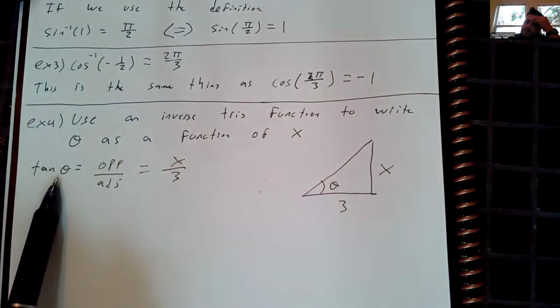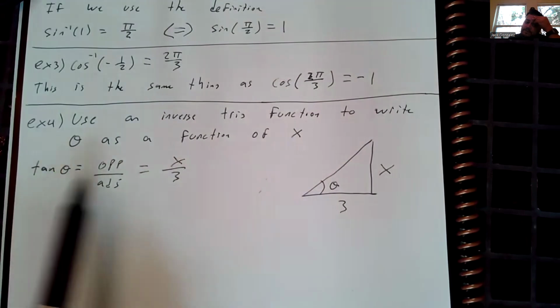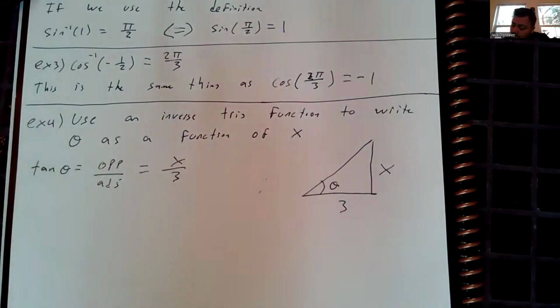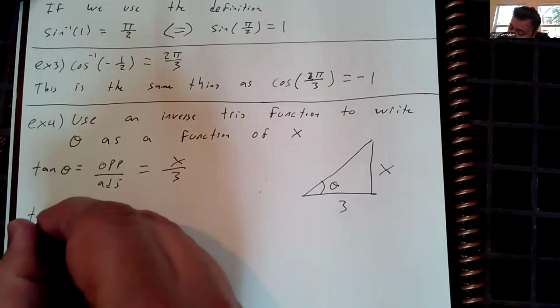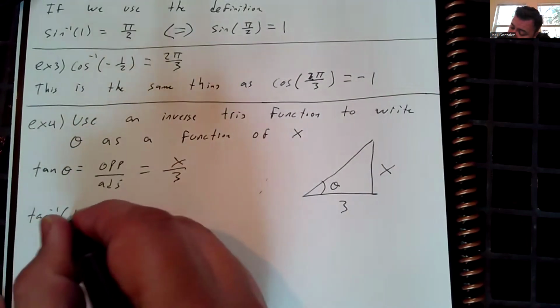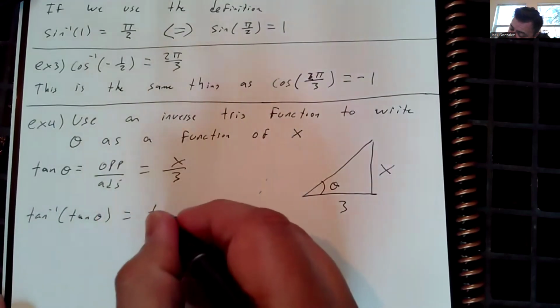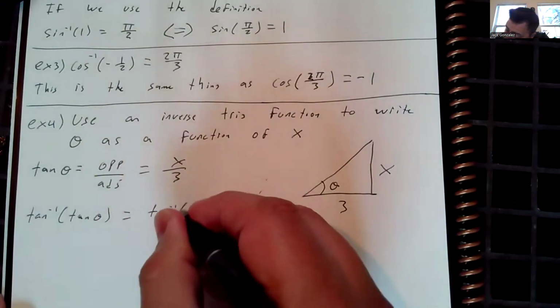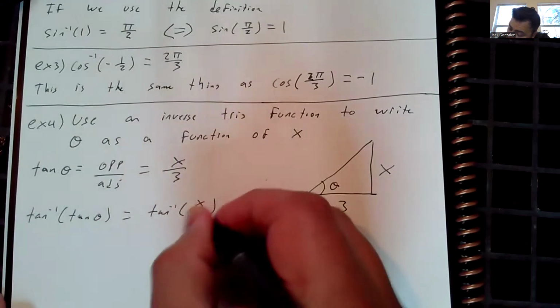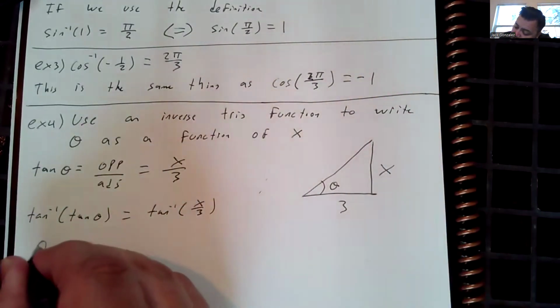If I want to write theta as a function of x over 3, I have to solve for theta. So you take tangent inverse of both sides, which gives me theta, since this cancels out.